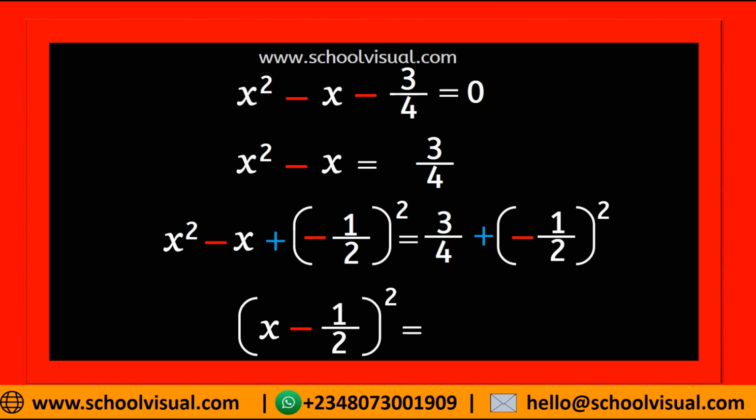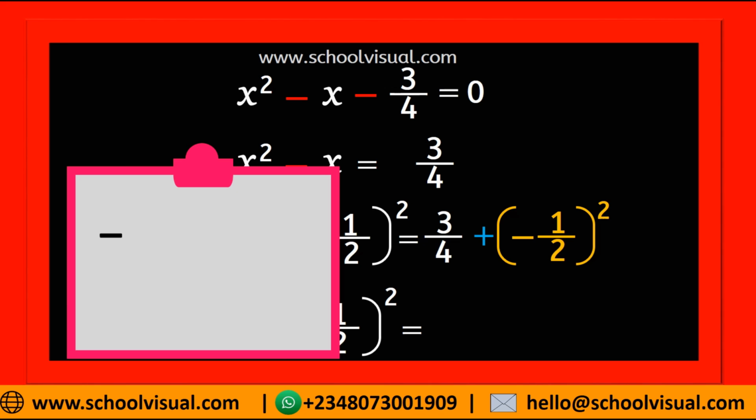Good. Now we need to solve this. So let's start with this. This is -1/2 all square. That means I need to multiply what is inside the brackets. I need to multiply it 2 times, like multiply it by itself. -1/2 times -1/2.